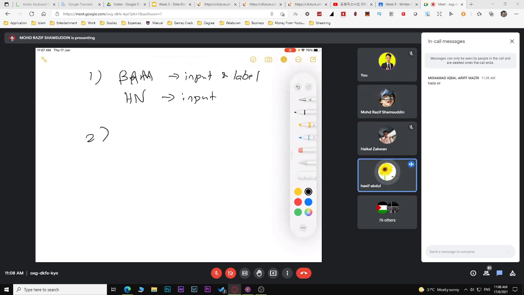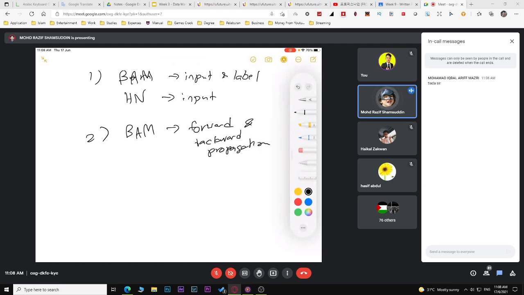BAM ada forward movement dan backward movement. Okay, BAM ada forward and backward propagation kan. Hopfield dia kita panggil apa? Iteration. Feedback loop. Okay.